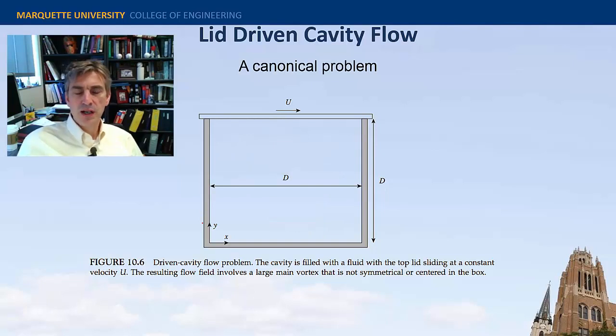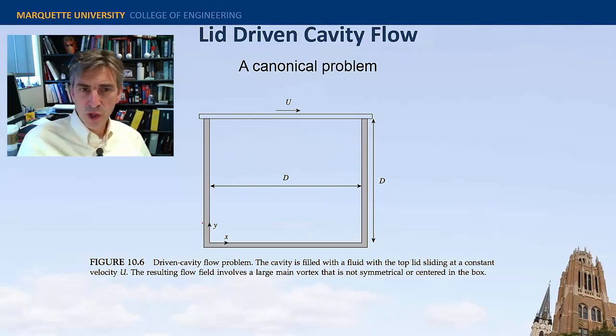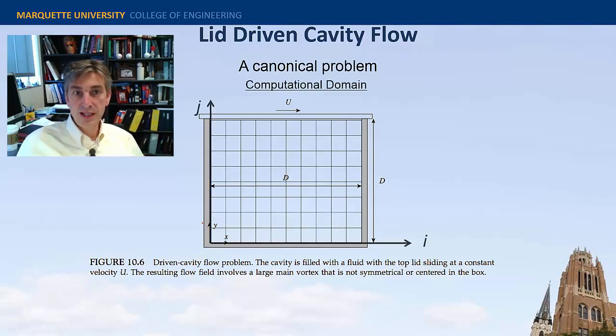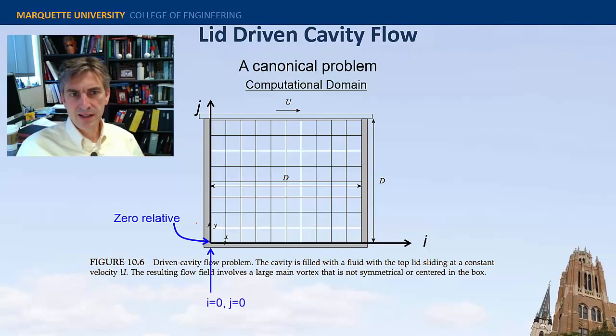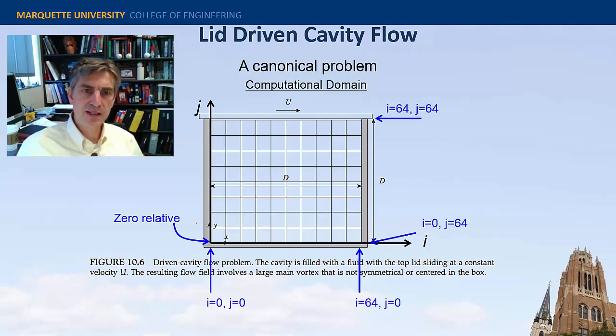All right, so in order to solve this using a CFD solution, we're going to need a computational domain. I'm going to use just the ij indices, and we're going to lay the domain in there like that. I'm going to assume that you can have any number of ij's.